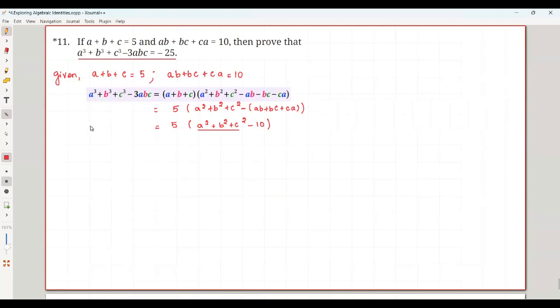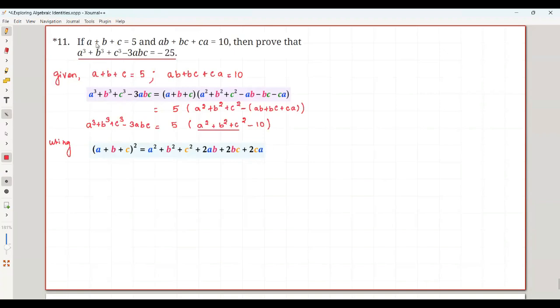Up to here we got a cube plus b cube plus c cube minus 3abc. This is the answer. For getting the a square plus b square plus c square value, using a plus b plus c the whole square is equal to a square plus b square plus c square plus 2ab plus 2bc plus 2ca.